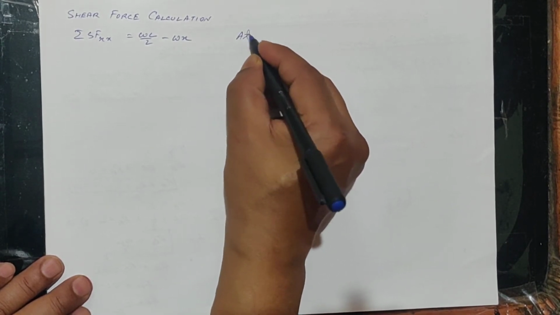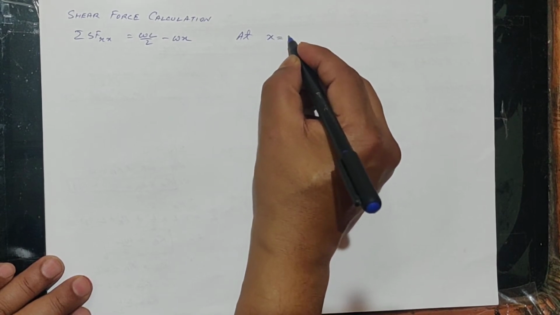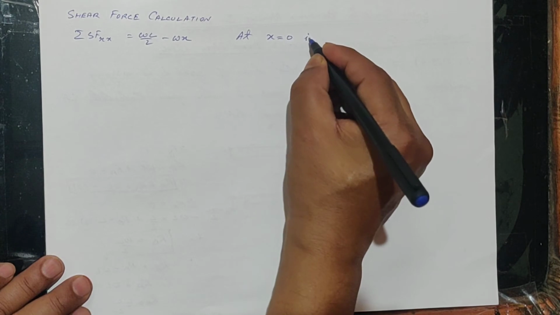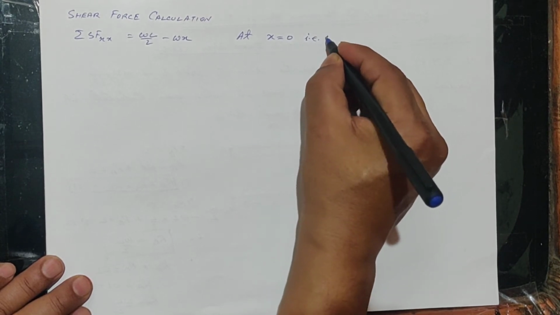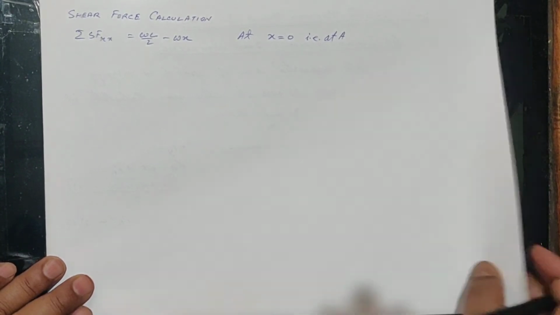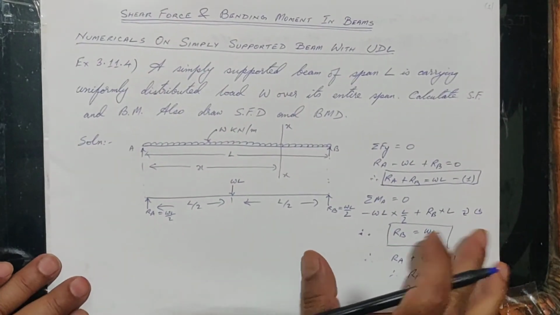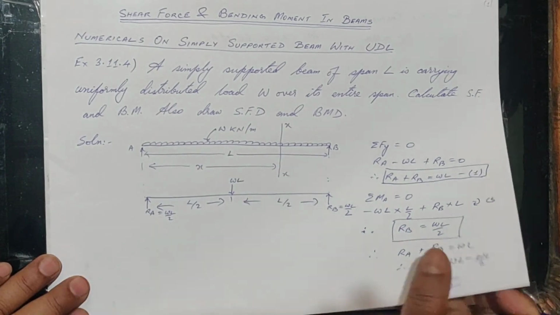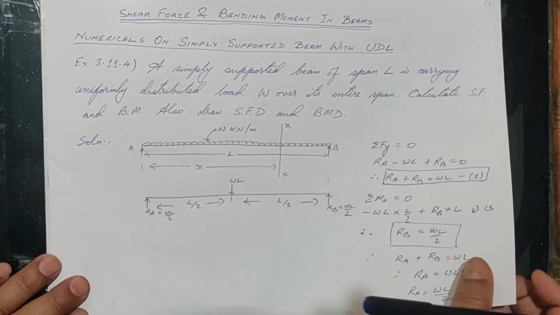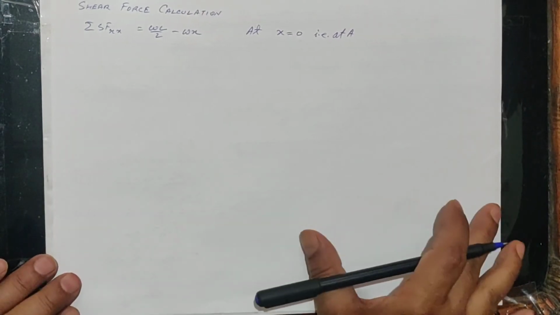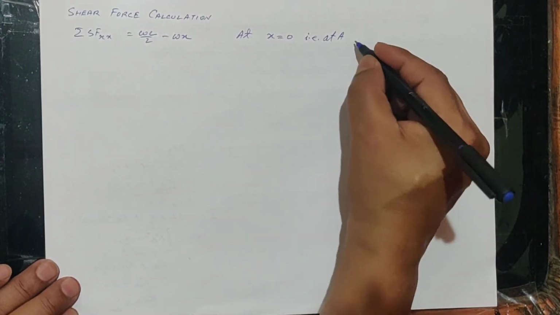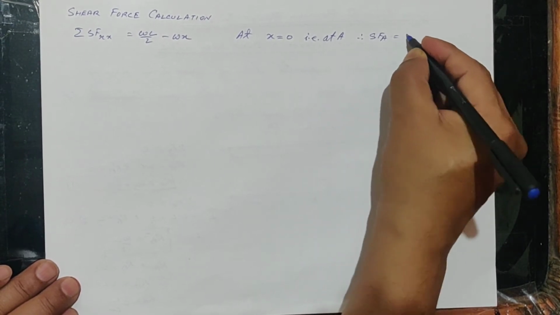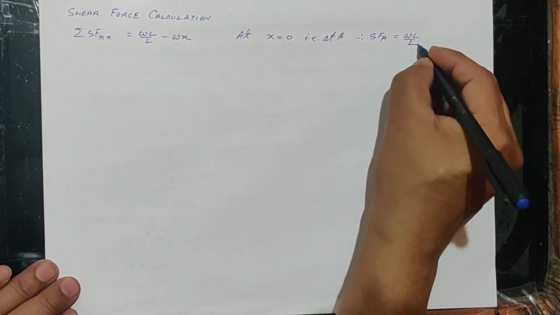Now at X is equal to 0, that is at A, if we are coming to A, then X becomes 0 because this section shifts over here. So therefore, SF at A is equal to WL by 2 only.